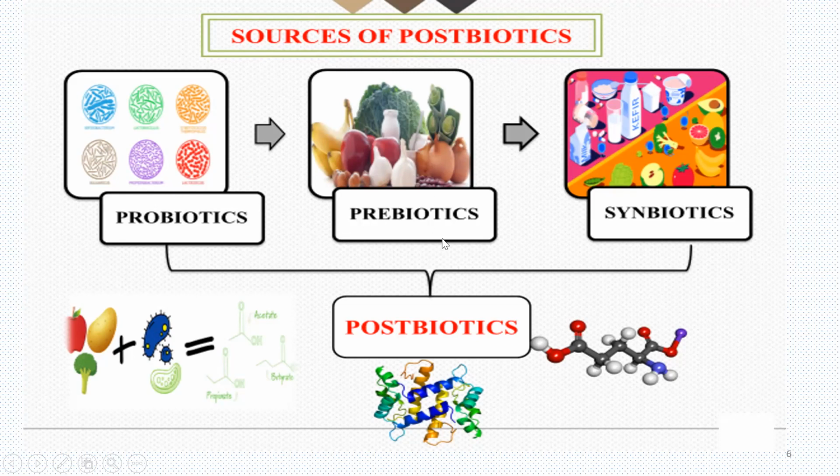Prebiotics are what? Non-digestible carbohydrates like lignin, inulin, fructooligosaccharides. All this together constitutes the symbiotic. The synergistic effect is the symbiotic. So all this together will constitute the overall postbiotics, like acetate, butyrate, propionate, which will provide a beneficial impact on health.